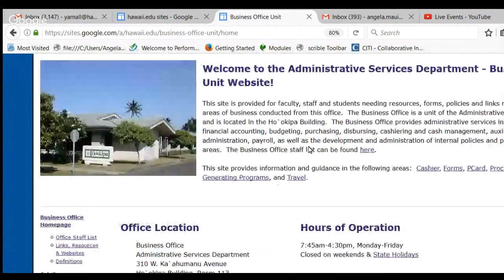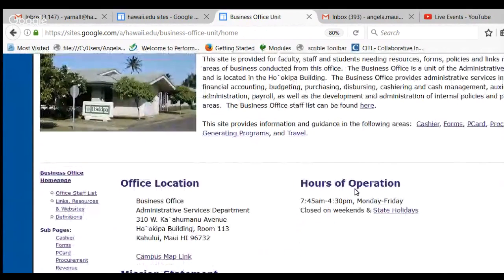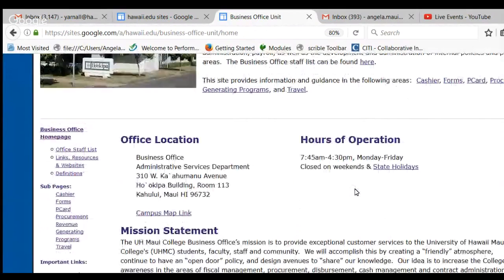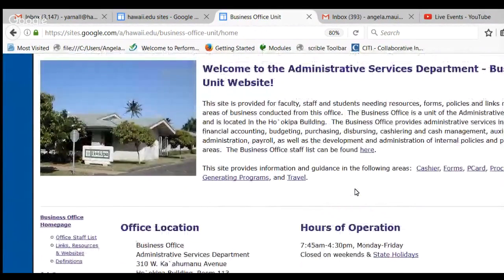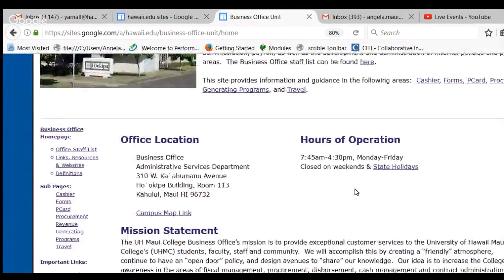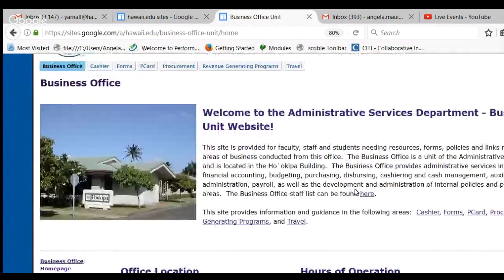It's organized and simple. A lot of information, so that's good.